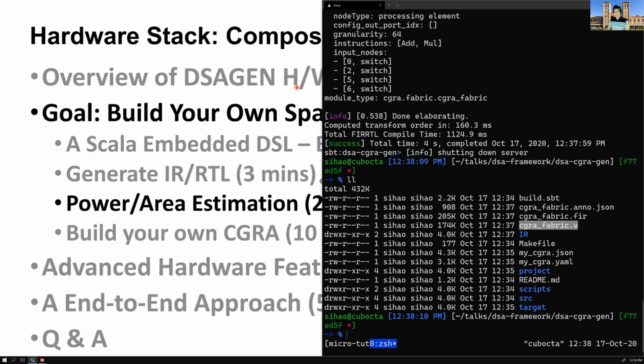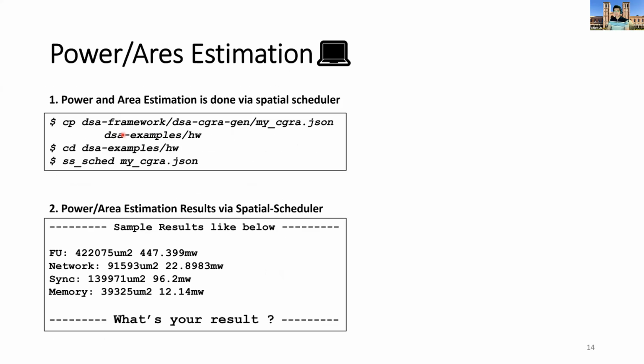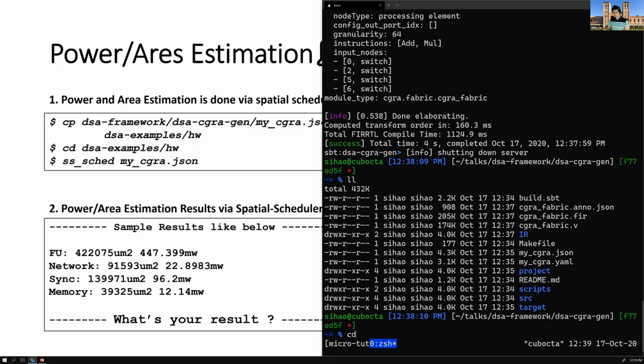So what we need to do is copy the JSON file, the ADG that we just generated, to the DSA example hardware. If you just clone the DSA example repo, there will be some JSON already there. So what about we just stick to that file.